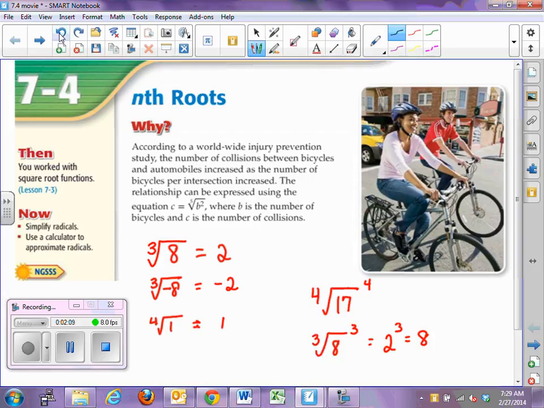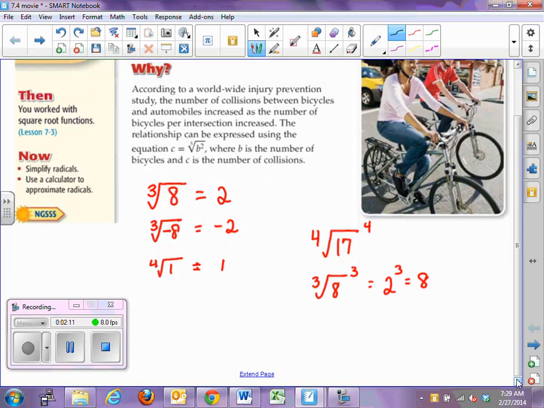Now, there's another way of thinking about it. If you think about it this way, it's very easy. The cube root of 8 means 8 to the 1/3 power, just like square root of 9 means 9 to the 1/2 power. I hope this is not new to you. So the cube root is the same as taking the 1/3 power.